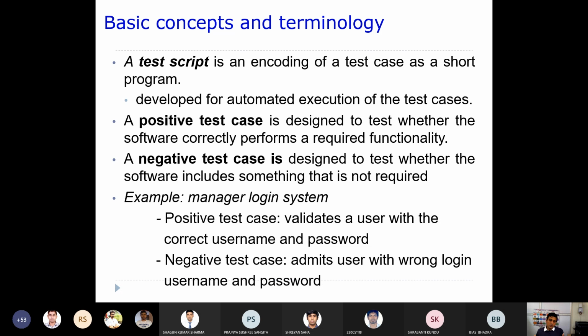So these negative test cases are written to check whether someone comes with a wrong username and password, and whether the system admits that particular user or not. So this is a negative test case. Negative test cases are also sometimes required, because you need to ensure that something which is not required should not happen.